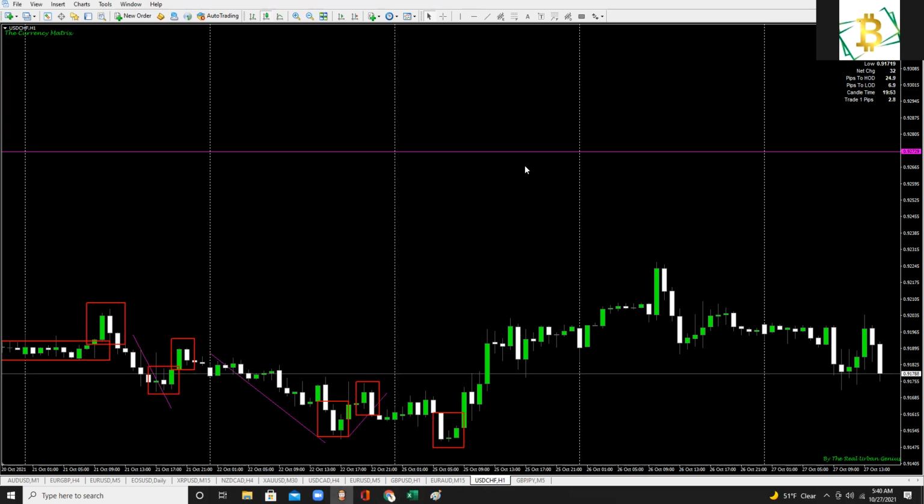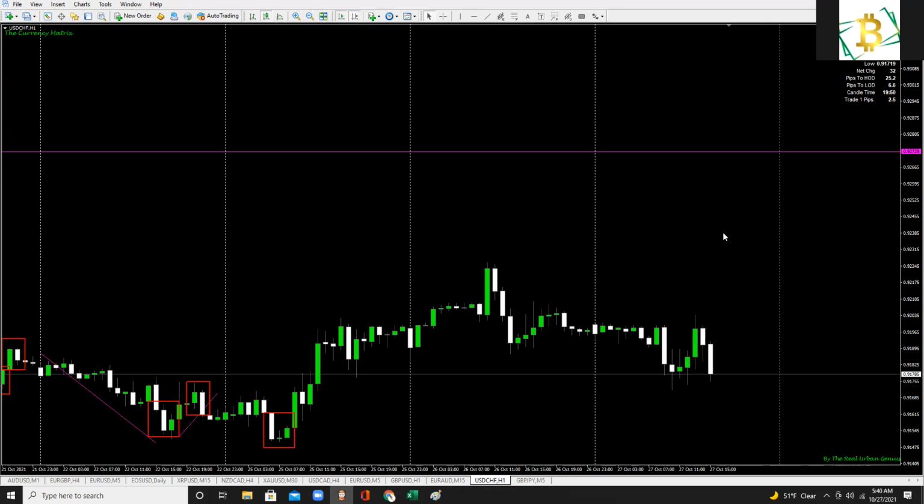So following that all the way up to where we're at currently in real time, here, we have a bearish harami, bullish harami, bearish engulfing.